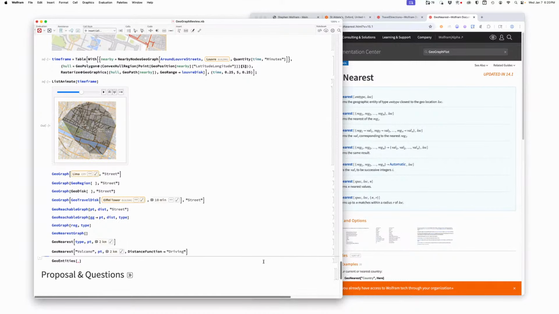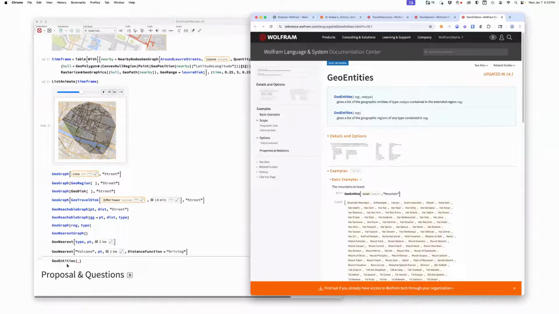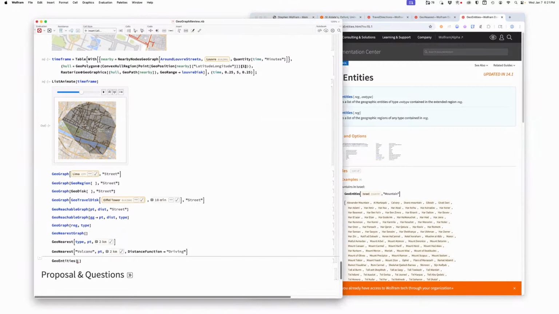But geoentities, so that's for this particular case of special distance function, but by default it's the same. Yes. Geoentities has a region here, right?